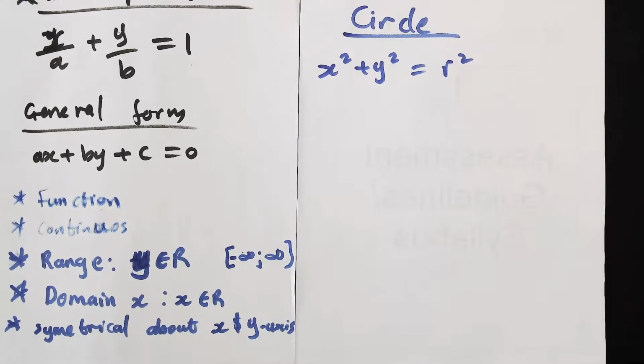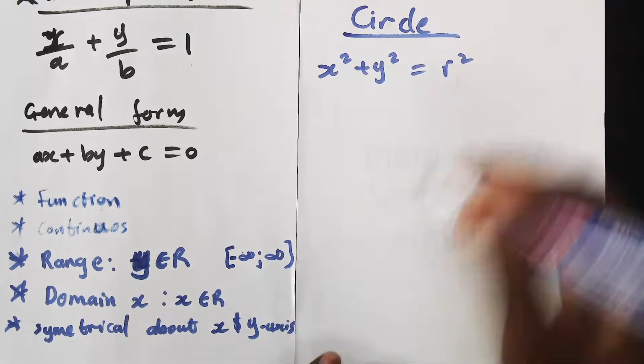That is a circle through point O. We're focusing on a circle through point O, not the ones with a phase shift to the left or right, or down or up.